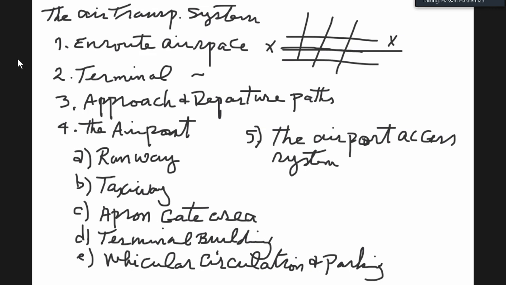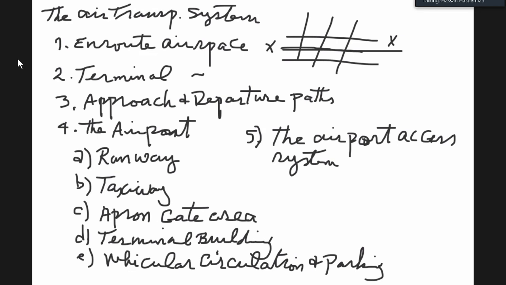The approach and departure paths are the ones used to depart and approach the airport. Again, these are specified pathways. You cannot just move around. You have to follow these pathways to approach the airport, or when you're departing, you are supposed to be on those pathways. So they call it approach and departure path.